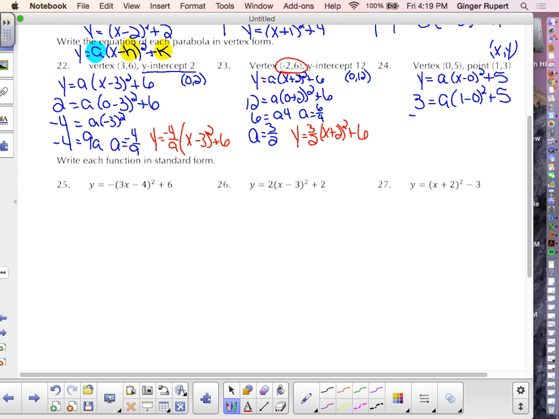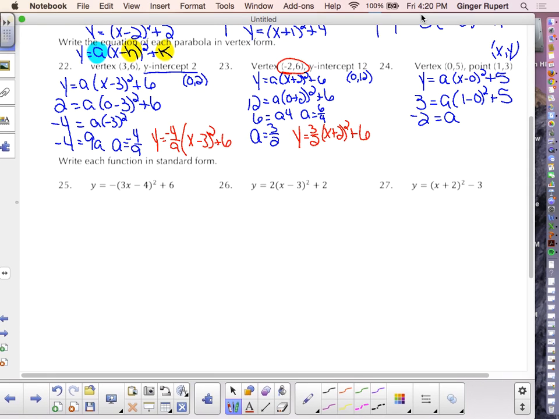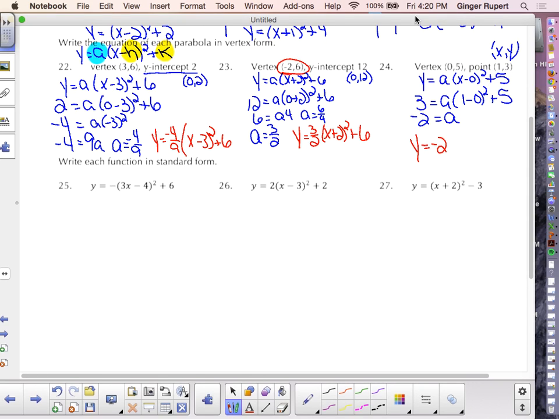That's going to give me negative 2 is equal to a, since 1 squared is 1, so a is equal to negative 2. Then I have my vertex. I have my value of a, so I can go ahead and write the equation, which is just going to be negative 2, and my vertex is at 0, so I'll just write negative 2x squared plus 5.